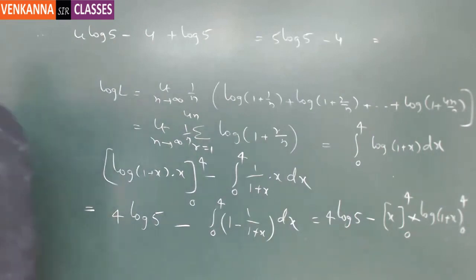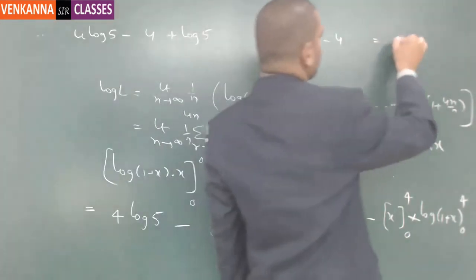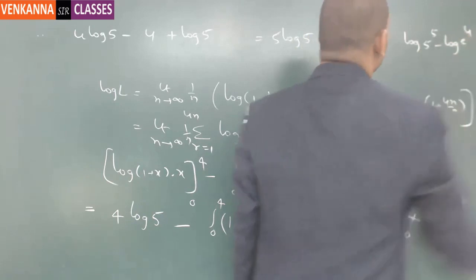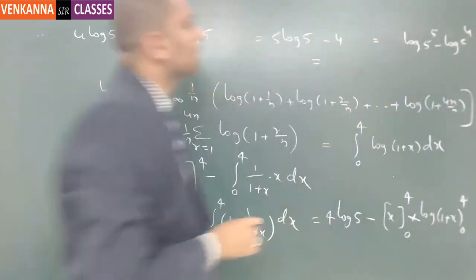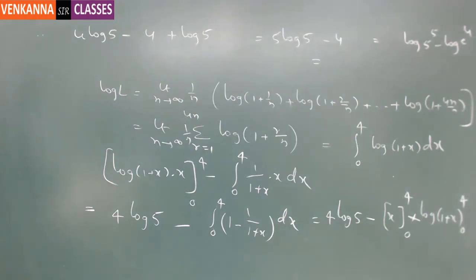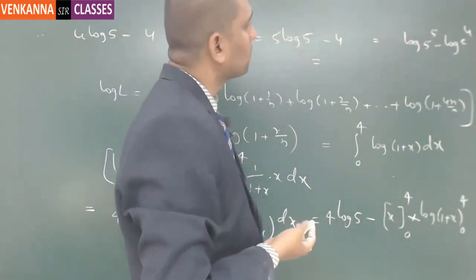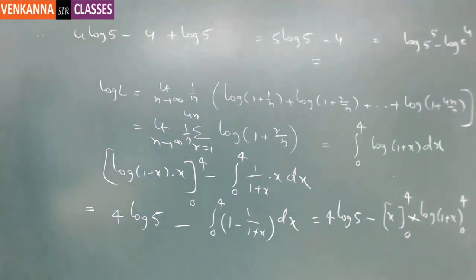And how to simplify that value? It will be written as log 5 power 5 minus log e power 4.